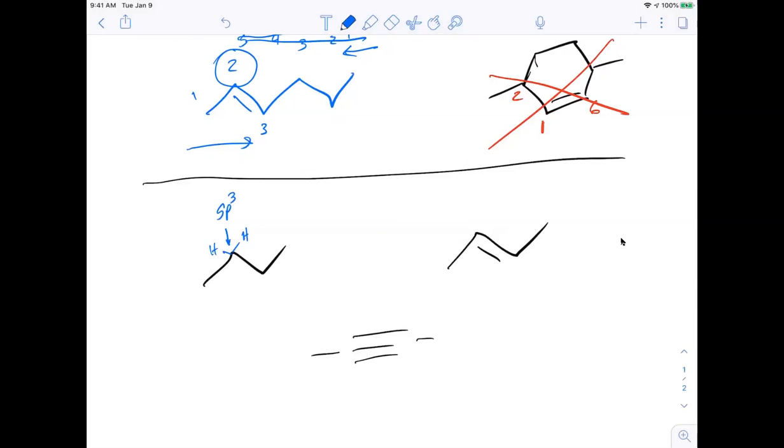What does sp3 tell us about that carbon? Well, it tells us that carbon is tetrahedral, that the angles here are going to be about 109.5, or exactly 109.5, depending on how symmetric that is.